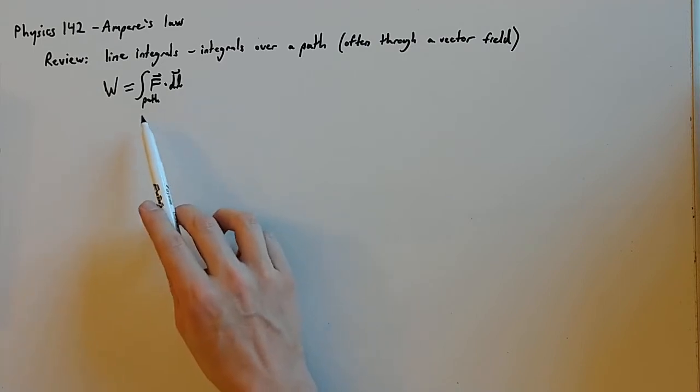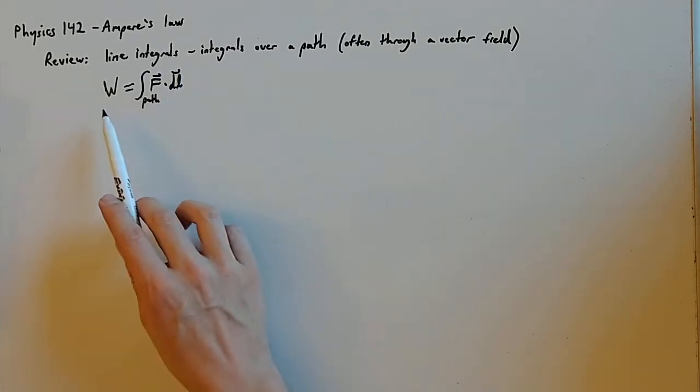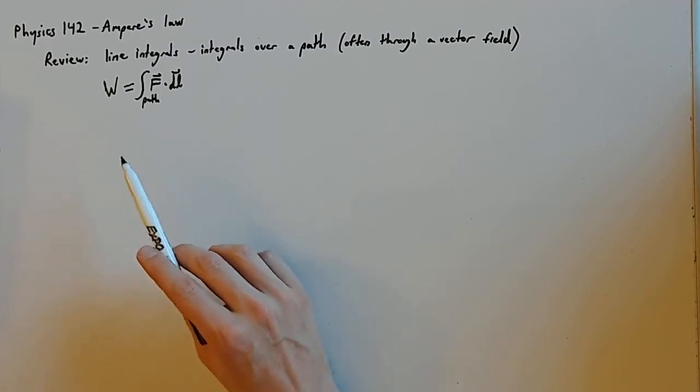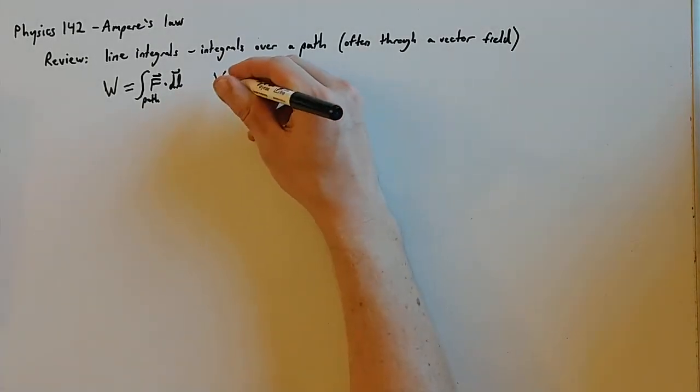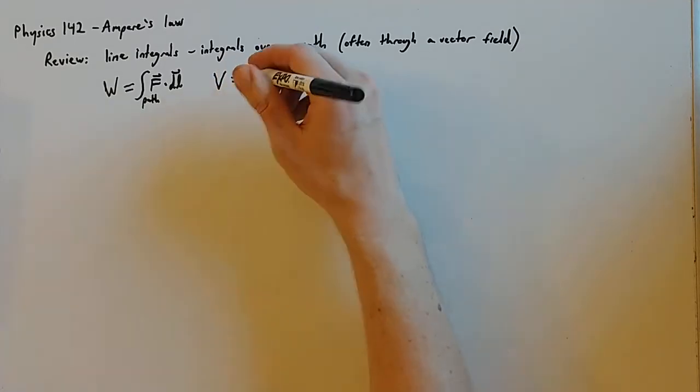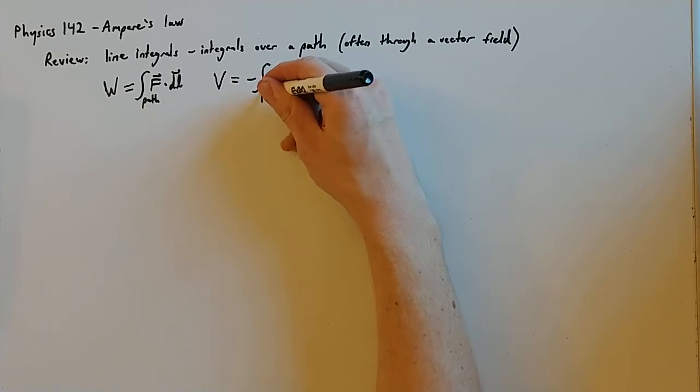Each little step that we take, and we think about the force for each step, when we add all of that up, we get the work, right? Similarly, we had another one recently where we looked at electric potential. And when we are computing electric potential from electric fields, again, we integrated over a path.